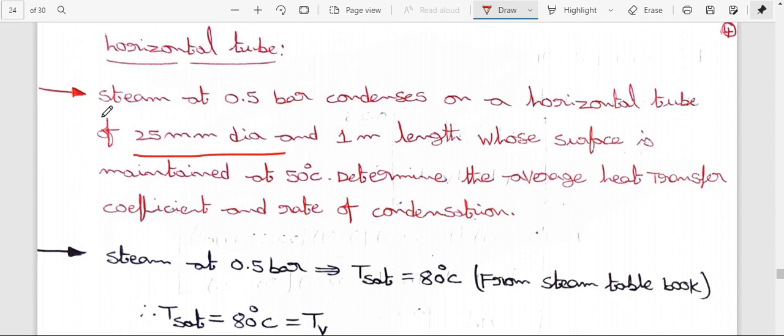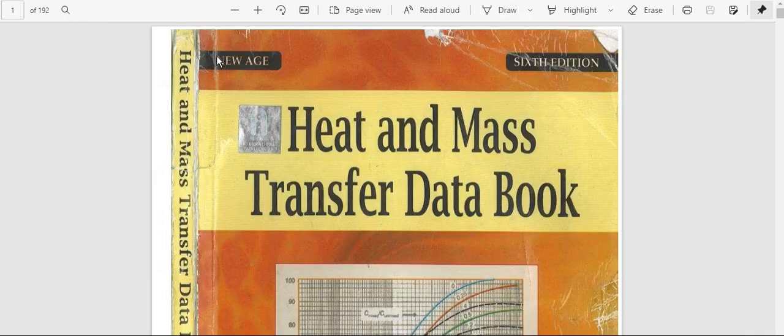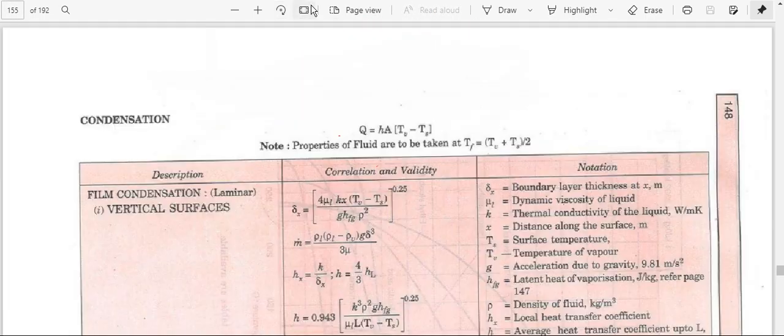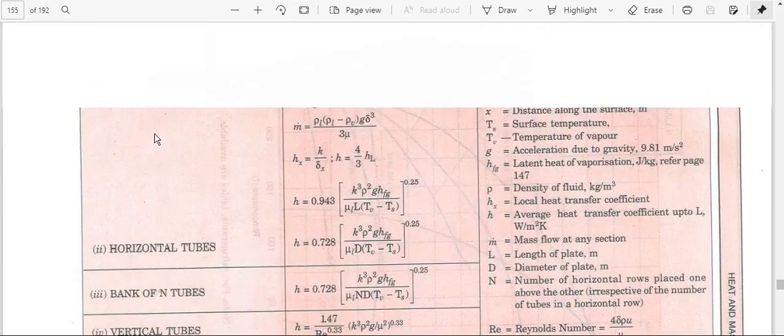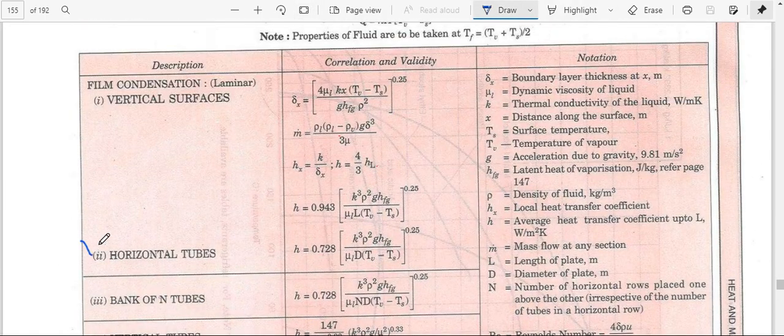So T saturation temperature is at 0.5 bar. In our data book page number 155 we have the horizontal tube formula. We have the horizontal tube formula like this.